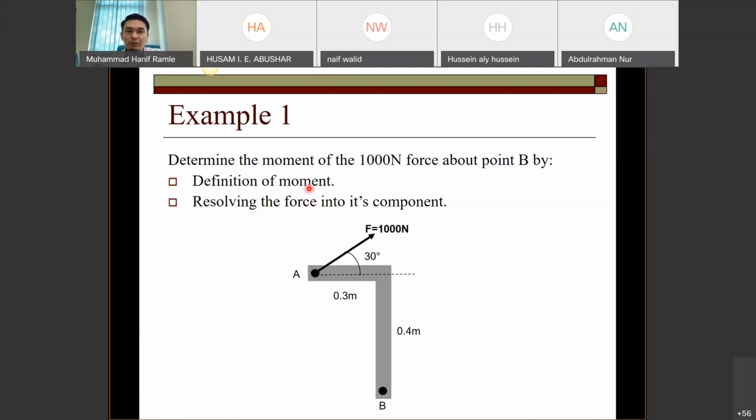The definition of moment means you have to use the general equation, which is M equal to FD. The second is resolving the force into its components, so you have to use Varignon's theorem to solve this second part.